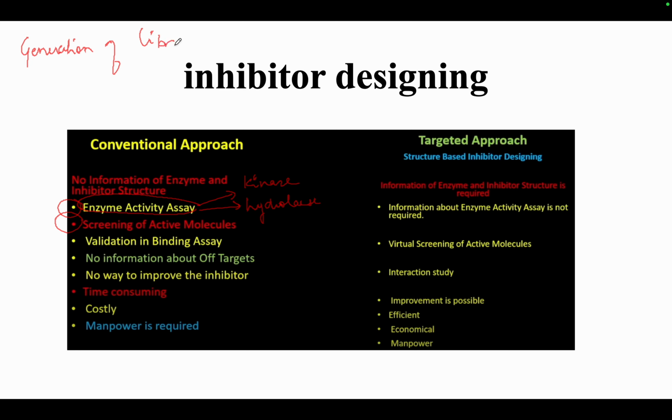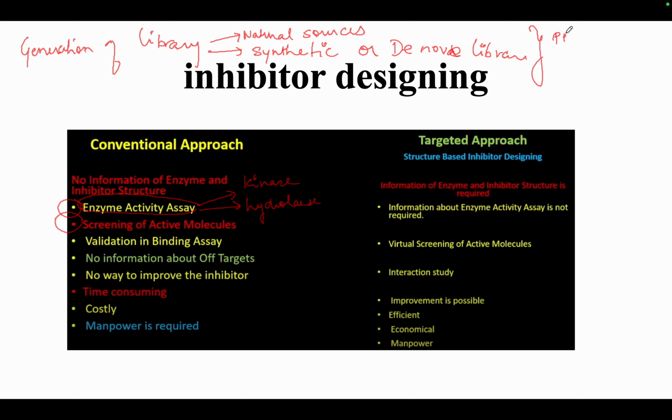Here we are using the structure based approaches which we studied previously, where we generate different libraries. These libraries could be from natural sources, or synthetic or de novo libraries. To screen different active molecules, we first need to generate libraries of different molecules.